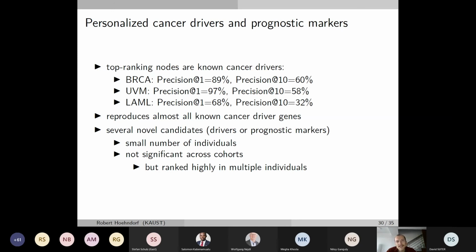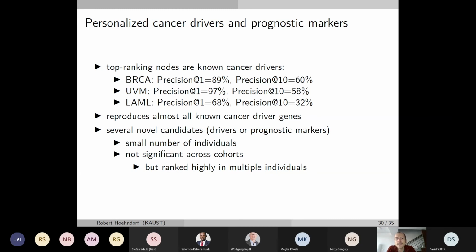But in breast cancer, in 89% of our samples, the top ranking node is a known cancer driver, and 60% of all the top 10 ranking nodes across all over 1,000 samples here are known cancer drivers.